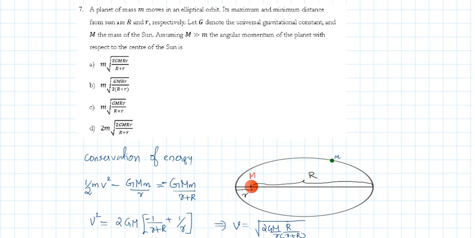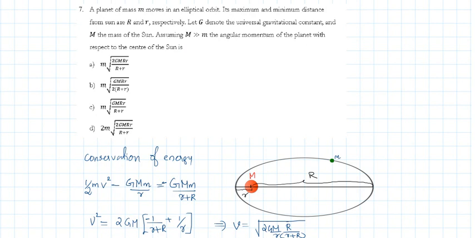And another important point is, this is a central force. The force between planet and sun is a central force, and for any particle moving under the influence of central force, angular momentum and total energy will be conserved. So I will apply conservation of energy first.